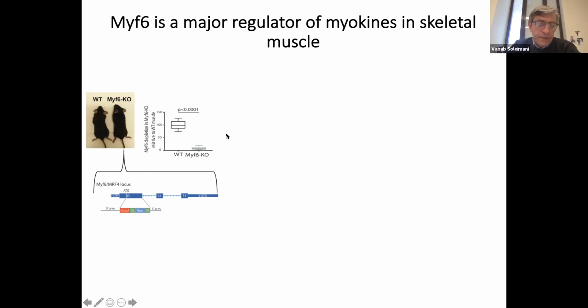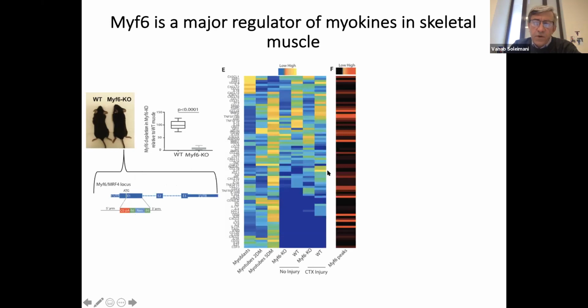And so one of the first experiments we did was to isolate whole muscle RNA from injured and uninjured mice, and then look at the expression of those myokines.